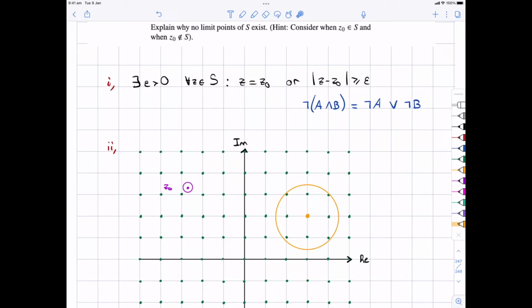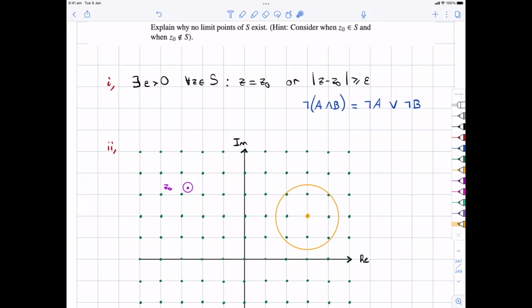And why this is not good is because we're trying to show that if you're a Gaussian integer, you are either z0 or you're outside of the circle. Now for these 8 on the border, the ones I've just marked in red, they're not outside of the circle and they're not equal to z0. So this value of epsilon, this radius, isn't useful to help me prove what I want to prove.